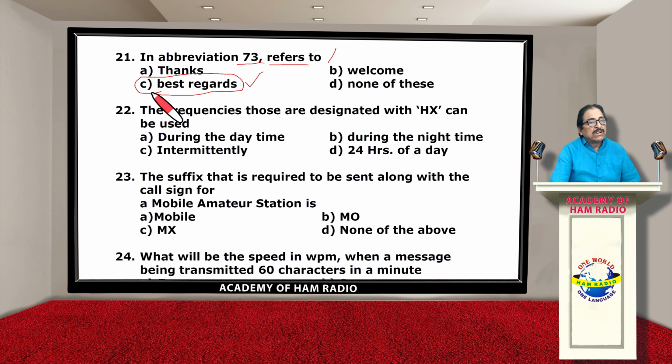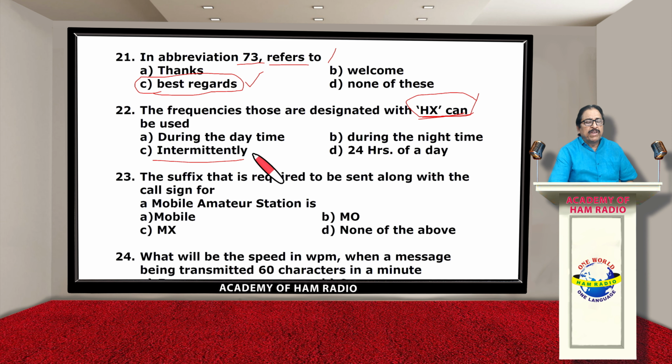73 means best regards. Next, the frequencies designated with HX can be used. HX we discussed in the earlier question. Here HX means intermittently, so any time. You have to remember this answer straight away.